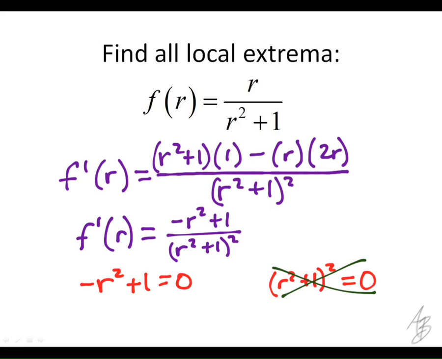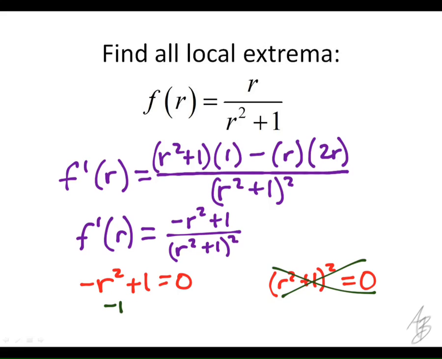How about the other one? What can we do there? Subtract 1. Okay, we could subtract 1 from both sides. I would probably factor it, but that's just the way I would think about it. This is the same thing as 1 minus r squared, right? And that would be 1 plus r, 1 minus r. But let's go ahead and subtract 1 from both sides.